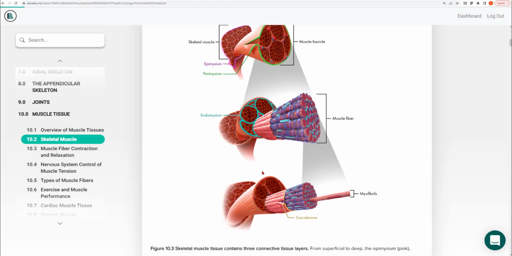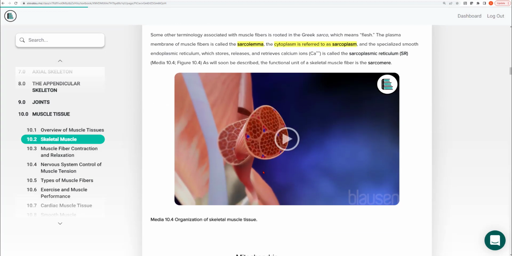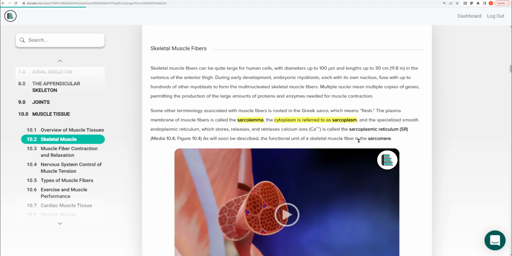So that's a very different looking organelle. And I told you that that is where calcium is stored. Well, it turns out that that specialized smooth ER in muscle cells is called the sarcoplasmic reticulum. So rather than just the smooth endoplasmic reticulum, we call it the sarcoplasmic reticulum.